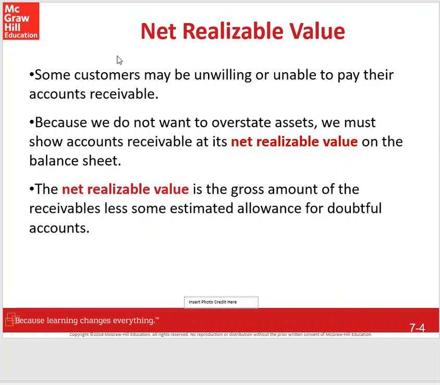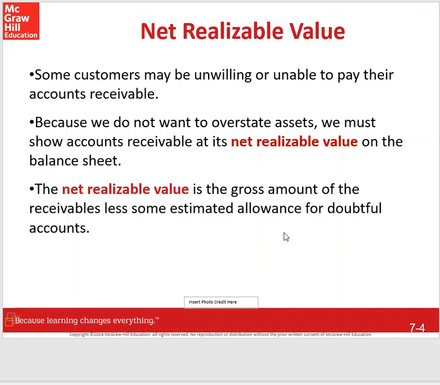So first, I'm hoping that you've already read the chapter and you're aware of a new account called allowance, or allowance for doubtful accounts. It is a contra asset account. I believe this is our first time dealing with any form of contra account. And if you're familiar with the term contra, it means opposite or against. So if we have a contra asset, it's an opposite asset.